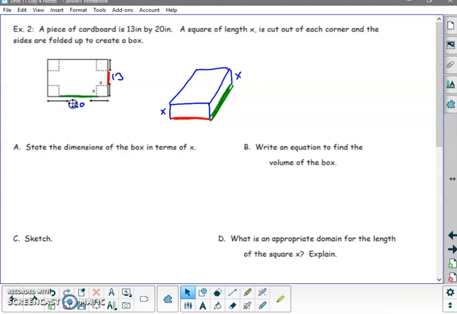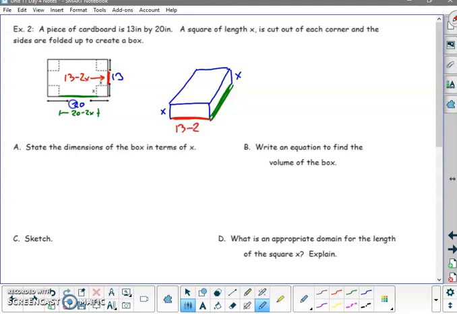So if each of these ends are x, basically I want to write this dimension here as 20 minus 2x. And this dimension here is going to be 13 minus 2x. Okay? So this is 13 minus 2x, and this is 20 minus 2x.